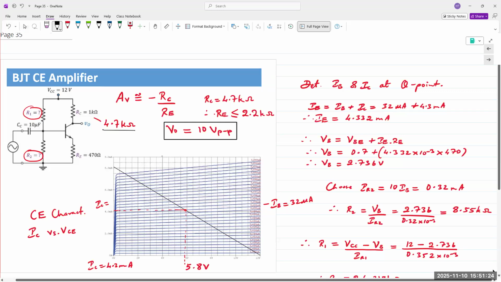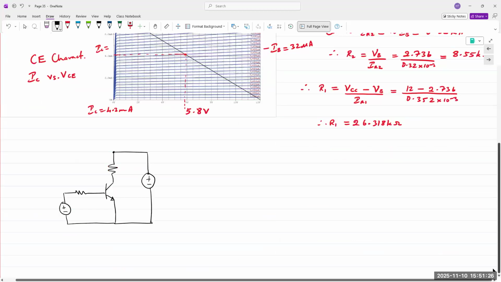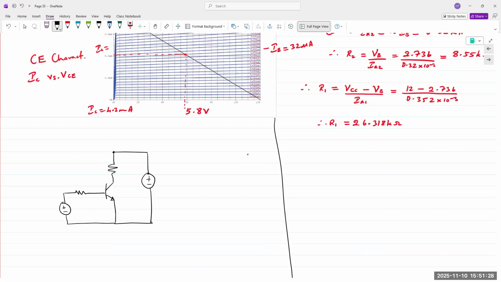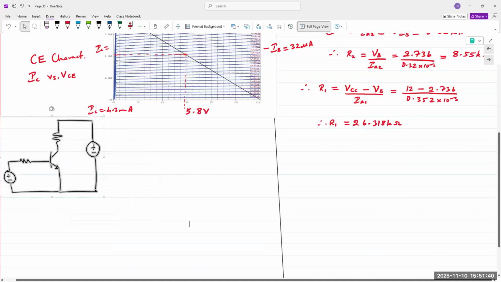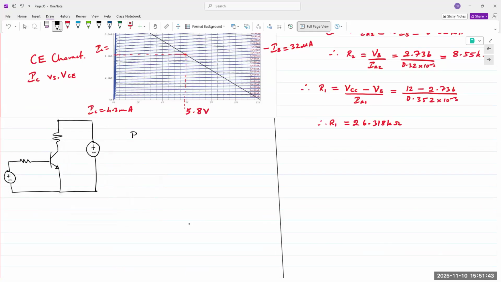To plot the load line, does anyone remember how to plot the load line? I hear some murmurings, but my ears are not that good. Okay, so to plot the load line, apply KVL on the output side.